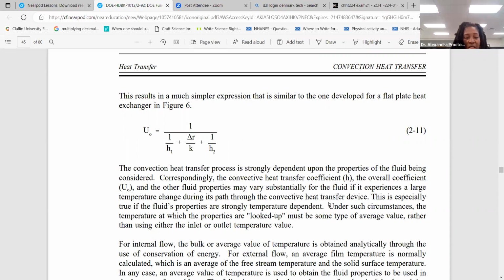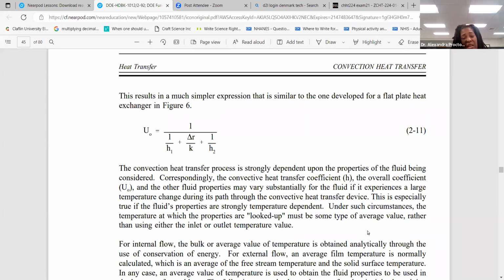The convection heat transfer process is strongly dependent upon the properties of the fluid. Correspondingly, the convective heat transfer coefficient, the overall coefficient U0, and the other fluid properties may vary substantially for a fluid if it experiences a large temperature change during its path through the convective heat transfer device.